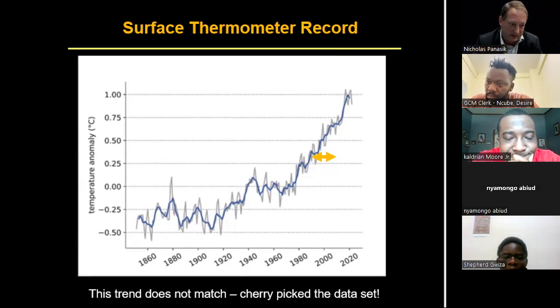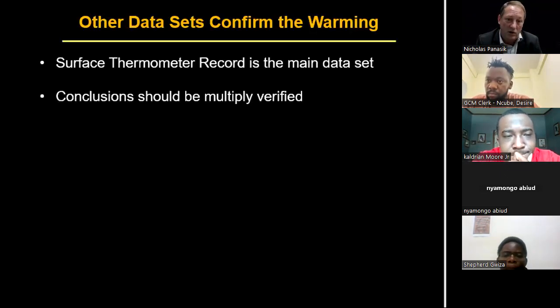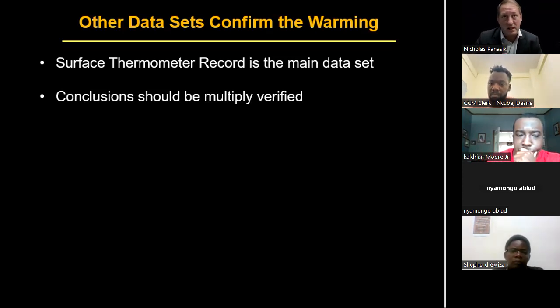Makes sense? Okay. Now, you should remember that our surface thermometer record is the main data set that we're going to use. It's probably the most reliable because it has the most measurements over the longest period of time. But still, scientists don't want to stop there.